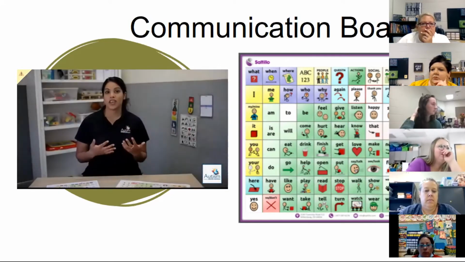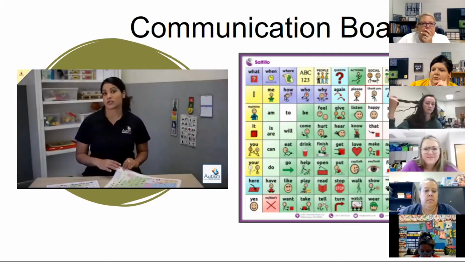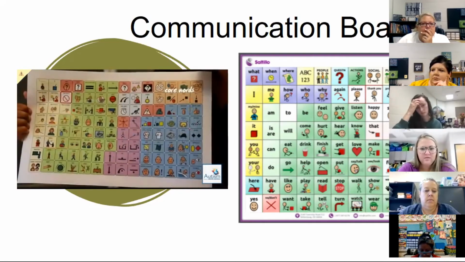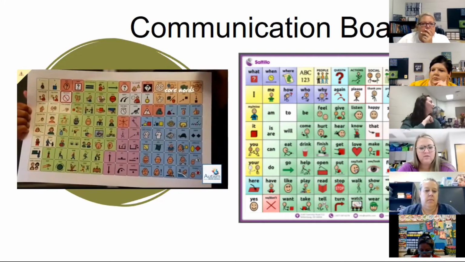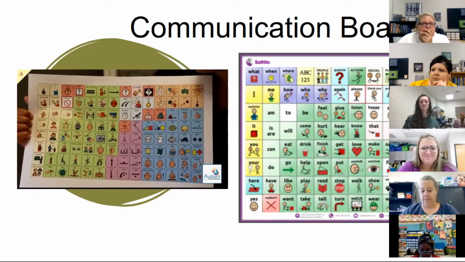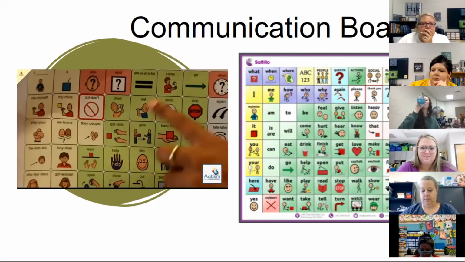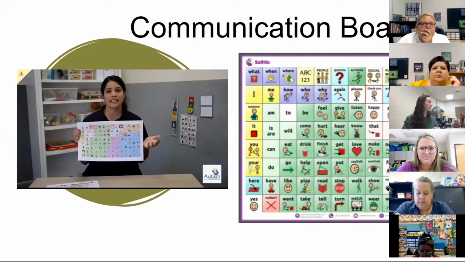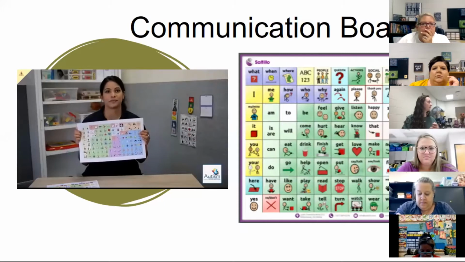A communication board can be made using just core words. These are words that give us a lot of power in our communication because they can be used anywhere, anytime, and with anyone. For example, a core board like this has words like help, go, and want, which can be used at a dance lesson, at home, or at school.